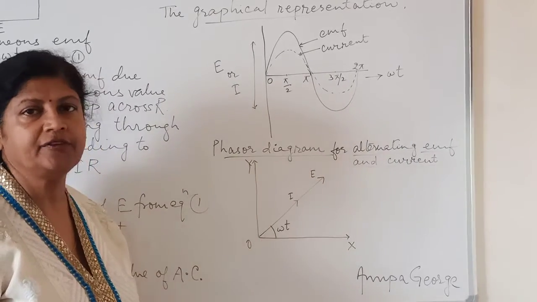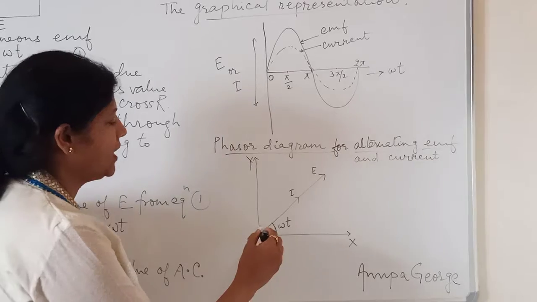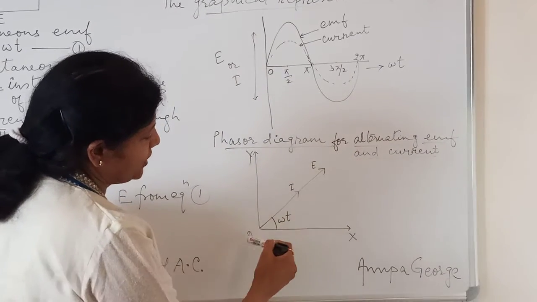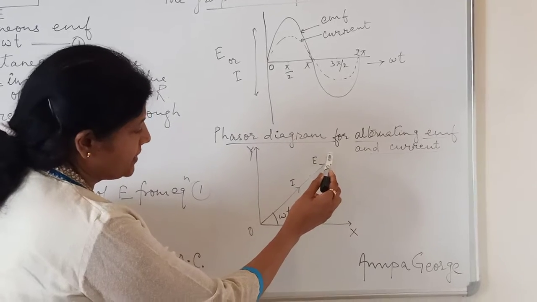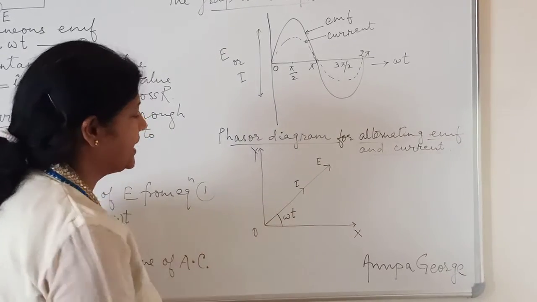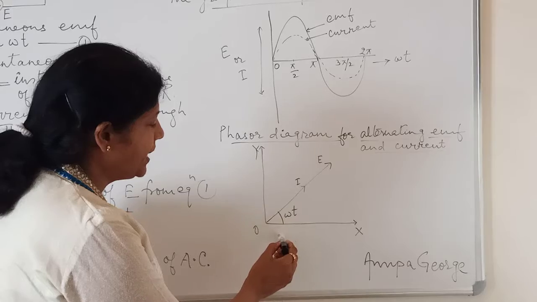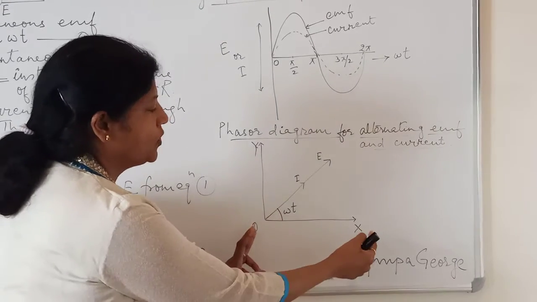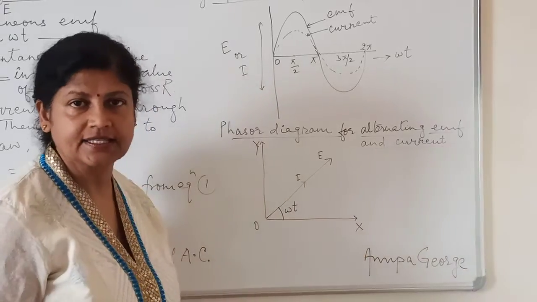Since both are in phase, both are represented by this straight line only, and the line makes an angle of omega t with the OX axis.